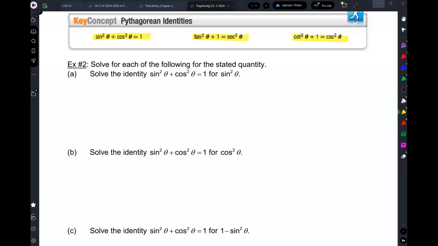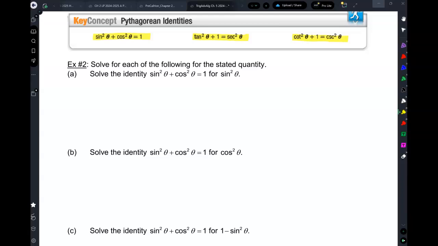No, they're flexible, and you can move each of the entities to the left side, to the right side of the equation, and so on. So that's what we're going to do right now. In part A here, we're going to solve this identity for sine squared theta.